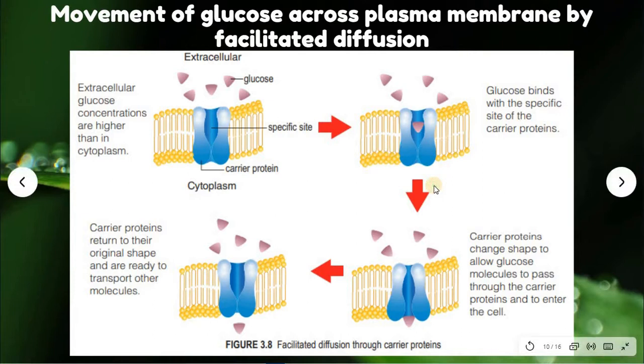I repeat. First, the glucose binds with the specific site of the carrier protein, and then the carrier protein changes shape, allowing the glucose to pass through and enter into the cell, and then the carrier protein returns to its original shape, ready to transport other glucose. That is facilitated diffusion.